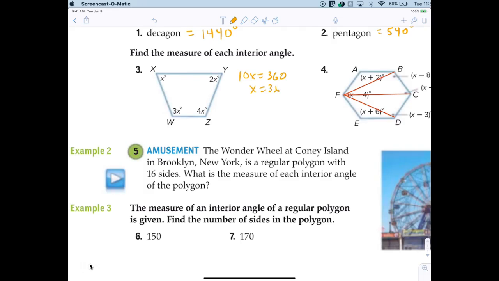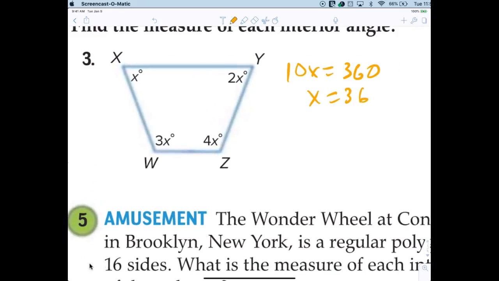All right, so now you know angle x is equal to how many degrees? 36 degrees. Angle y is 72 degrees, and angle w is equal to 108 degrees, and angle z is equal to 144 degrees.